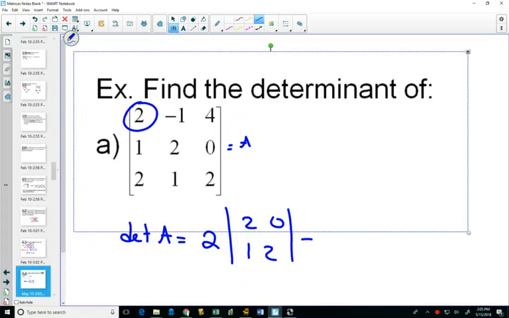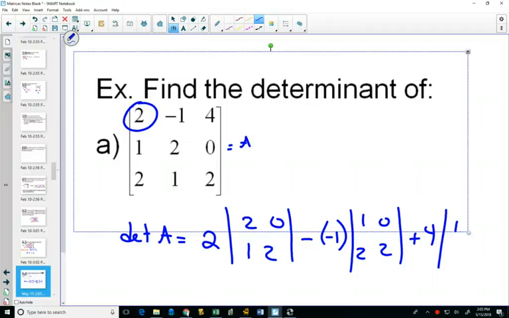Then you would minus a negative 1 multiplied by the determinant of 1, 2, 0, 2. And finally add 4 multiplied by the determinant of 1, 2, 2, 1.